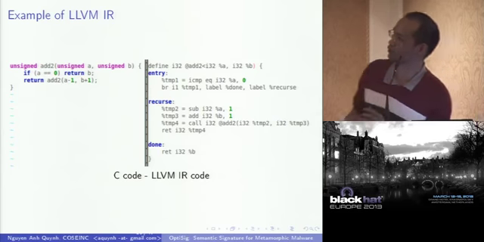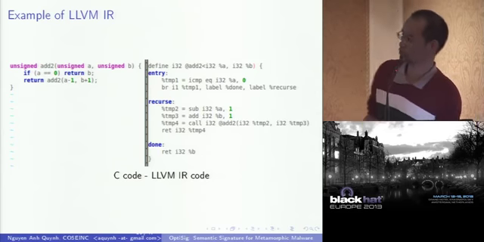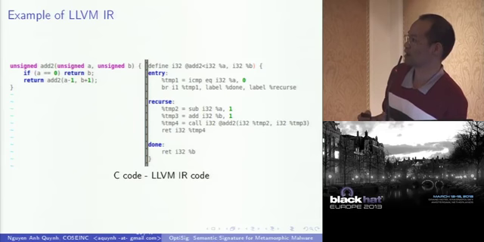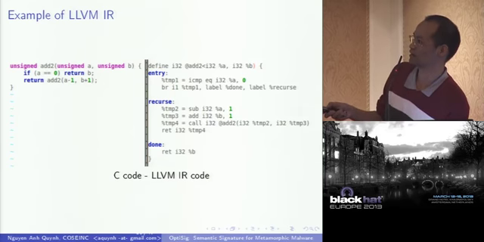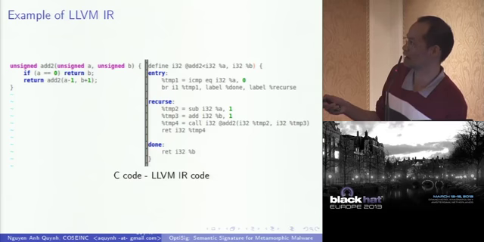Okay, here's a very simple example. On the left side we have C code, and we compile this C code to LLVM IR on the right side. So here's a function of LLVM IR, and here's an argument for the function.